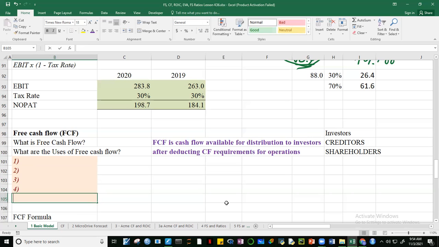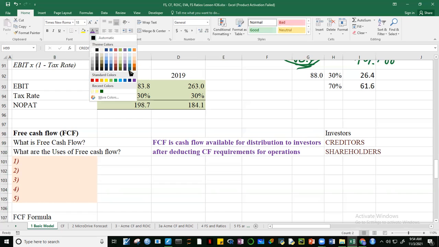Can anyone guess or suggest what are the uses of free cash flow? Take note, it's cash flow to be distributed to investors, investors being creditors and shareholders.